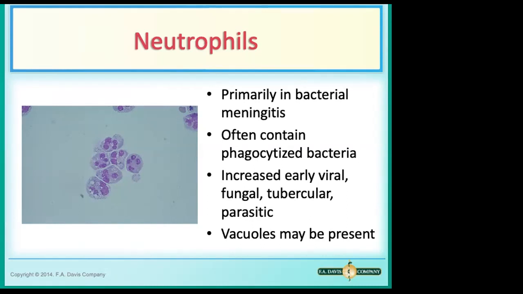But again, neutrophils are associated with bacterial meningitis, and sometimes they may have some phagocytized bacteria. These neutrophils are white blood cells, and they're phagocytic cells, so they come and try to get the bacteria when the bacteria is present. Sometimes that's the way you see it, with phagocytized bacteria.